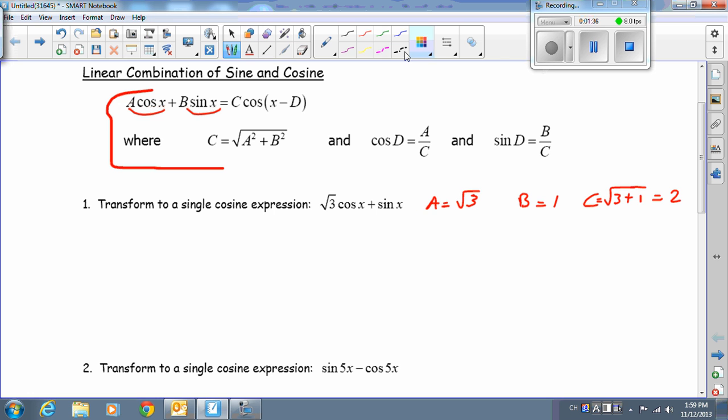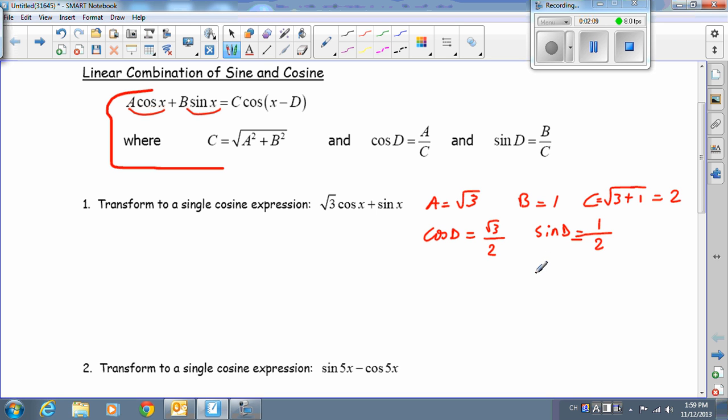So on the first problem again, the cosine of angle d is equal to a, which is square root of 3, over c, which is 2. And at the same time, the sine of d is equal to b, which is 1 over 2. Looking at the cosine and the sine, they're both positive, so I know that I'm in the first quadrant, where the opposite is 1 and the hypotenuse is 2.